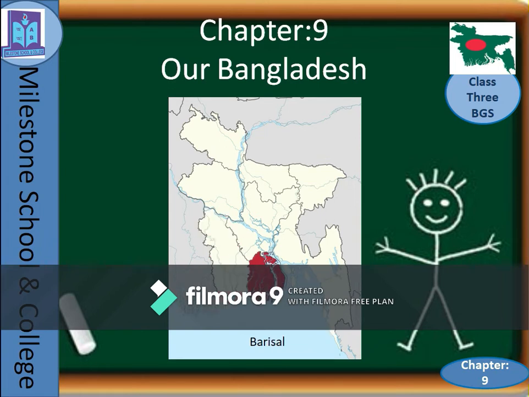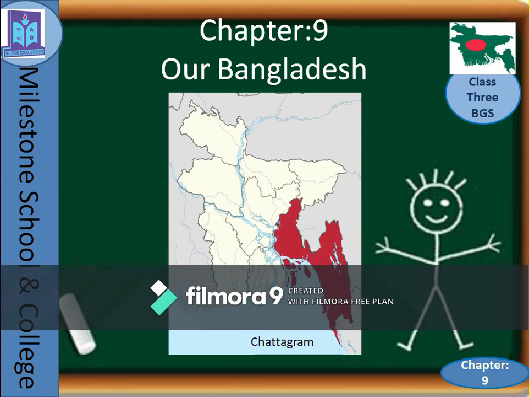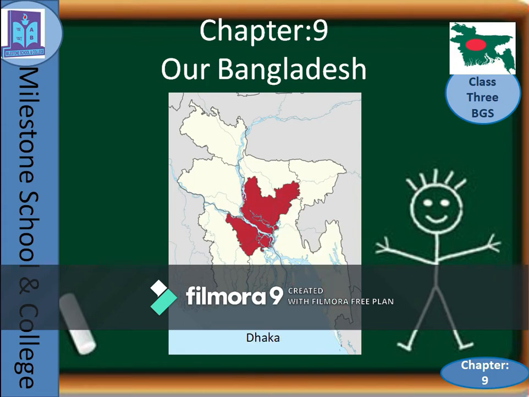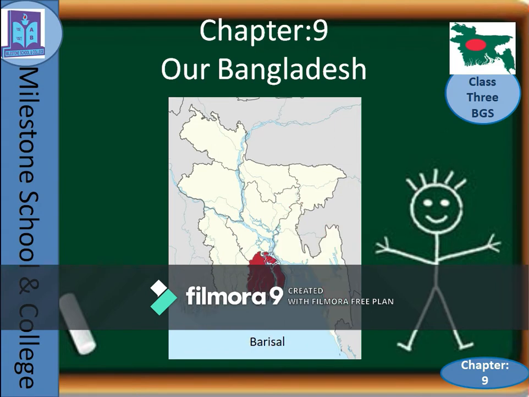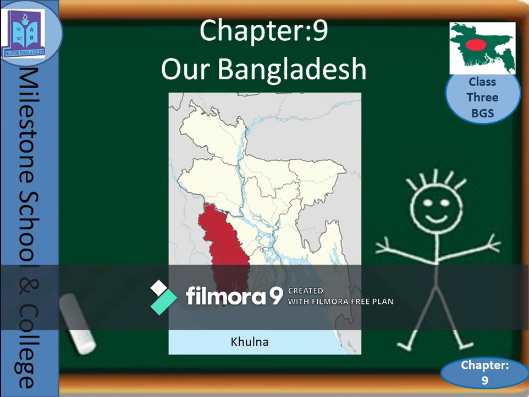Okay. Again, take a look at our divisional cities: Dhaka, Chattogram, Borishal, Khulna, Rajshahi, Rangpur, Mymensingh and Sylhet.